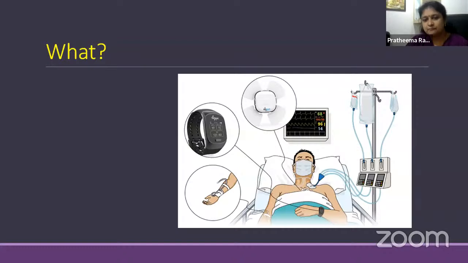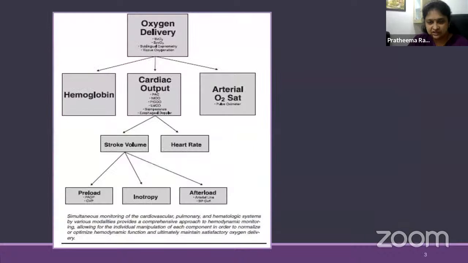Are the tissues clearing off the toxic materials, is it coming back to the heart, going to the lungs, and is the blood getting purified? This is what we need to know in a patient. A patient comes to the ICU when sick; in anesthesia, it need not be, but we need to always have a look at the heart and the working of the heart.